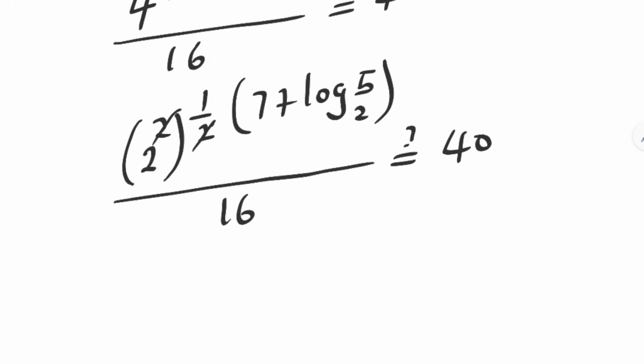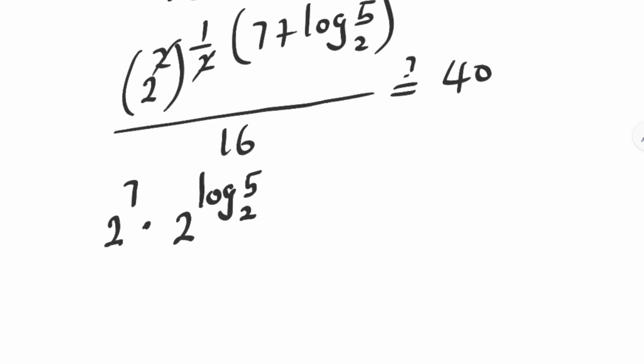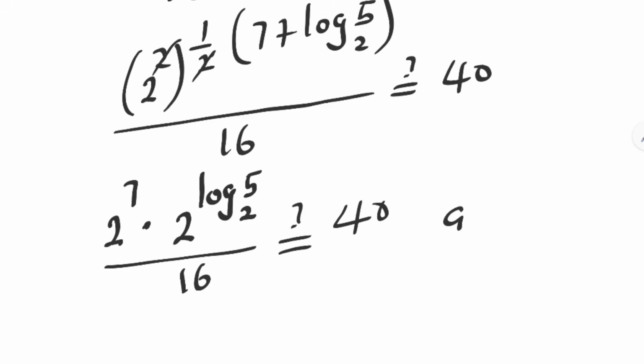Then the numerator can be written as 2 raised to power 7 multiplied by 2 raised to power log 5 base 2, over 16 must be equal to 40. Take note of this, that if you have a raised to power log m base a, this is equal to m.